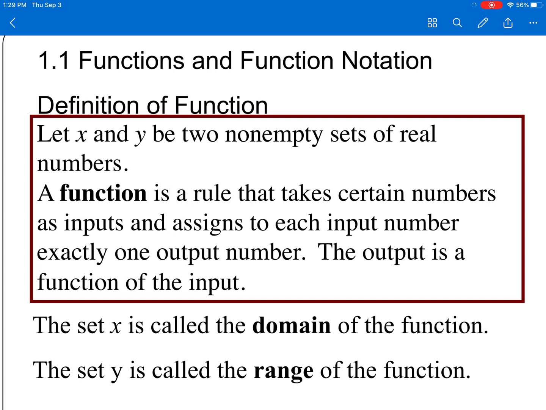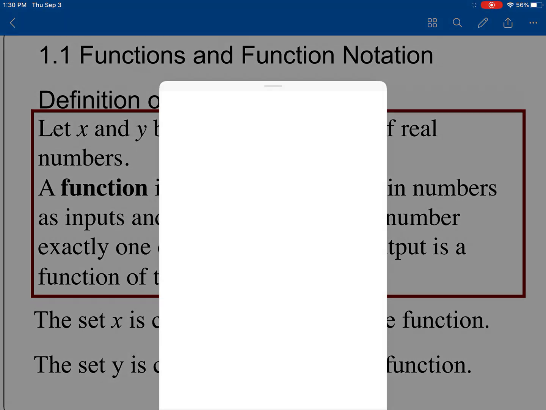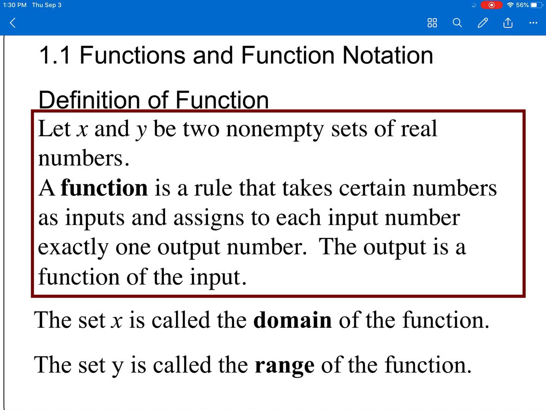Just know that a function is a rule or a relation, really, that takes one input, puts it into the function, and it spits out an output, is the easiest way of saying it. And we talked about quadratics last year, and what we put in for x is called the domain, remember?